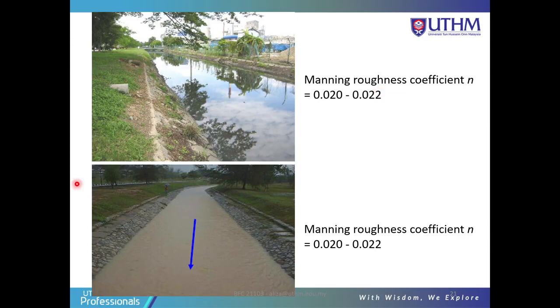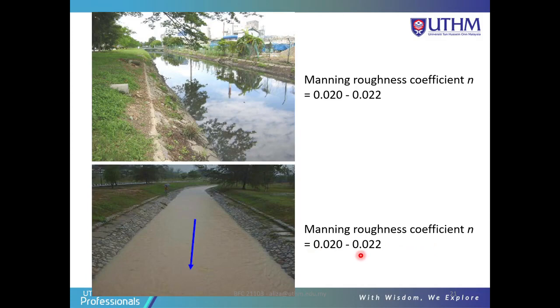This is for the channel, Manning roughness here, also the river. The Manning roughness coefficient comes from the different beds of these types of channel, the difference in vegetation, the lining, the bed load.